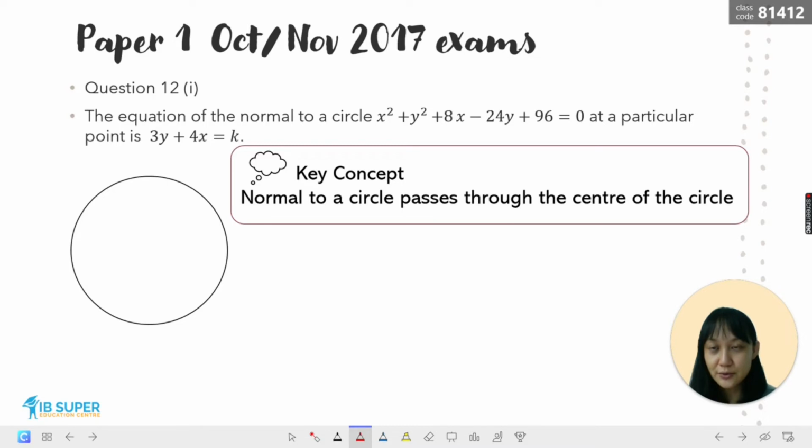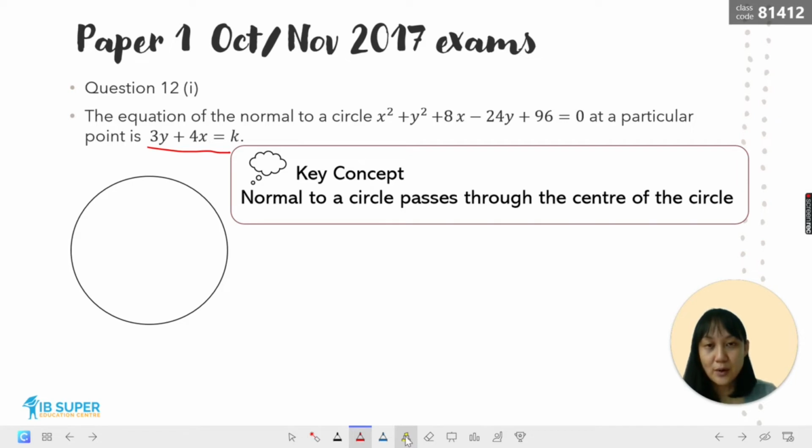In question 12, part 1, in paper 1, students are required to find the constant k given the equation of the circle x squared plus y squared plus 8x minus 24y plus 96 equals 0, and that the normal to this circle is 3y plus 4x equals k.